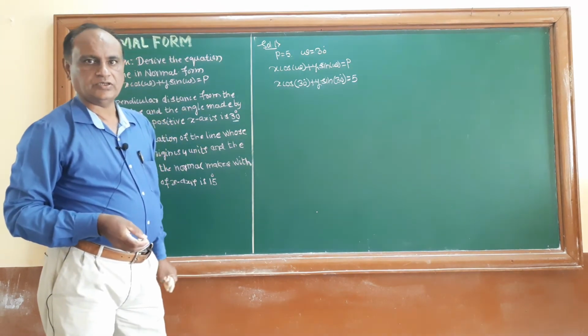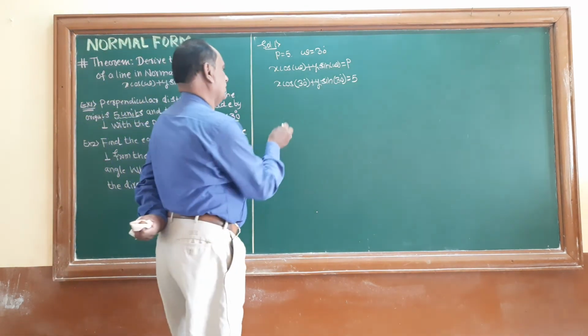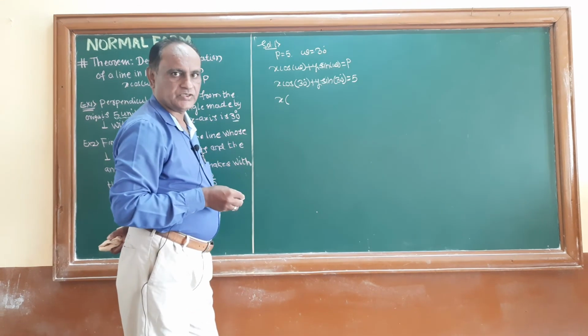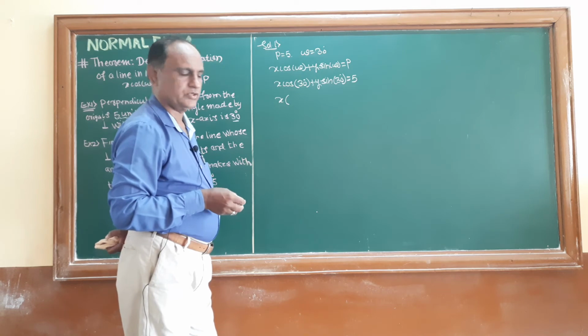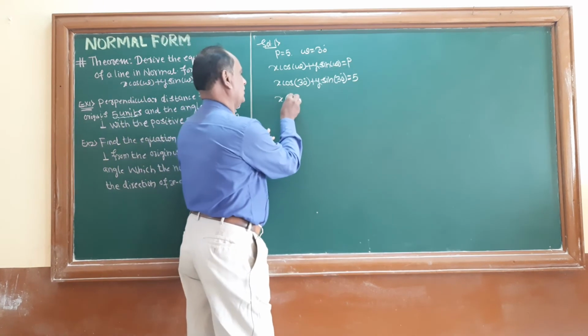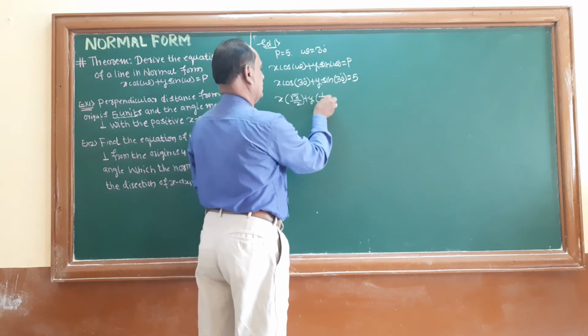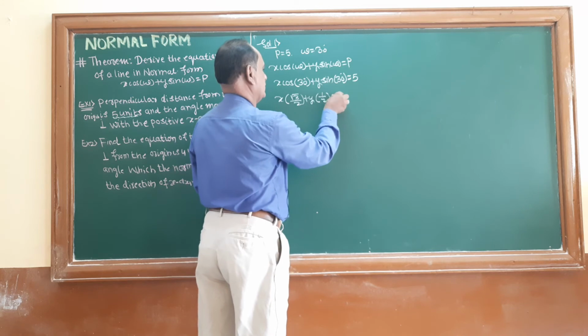By using the trigonometry table, cos 30 is root 3 by 2 and sin 30 is 1 by 2. So x times root 3 by 2 plus y times 1 by 2 is equal to 5.